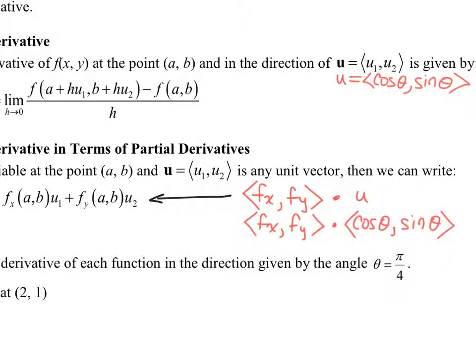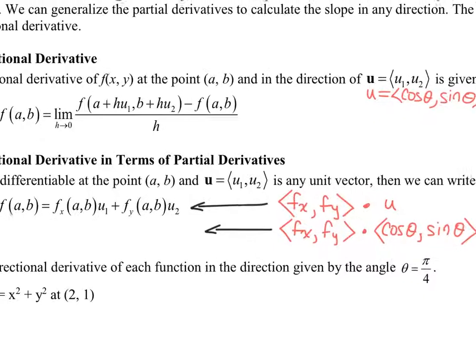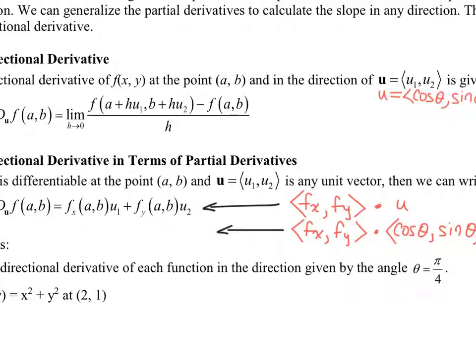But you could also get an alternative form, which I think is a more useful form, that involves the angle. Now, you don't always know the angle, but when you do, it's very meaningful. So we would say partial with respect to x cosine theta plus partial with respect to y sine theta.